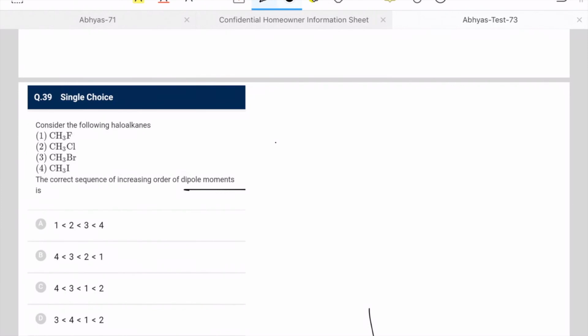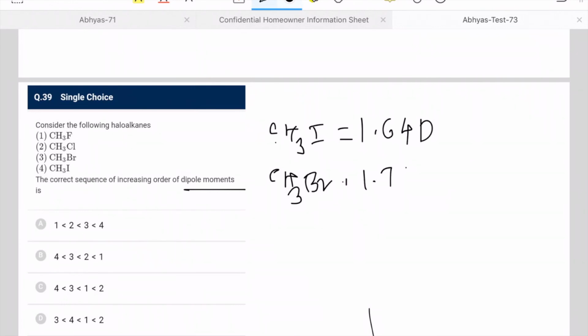So the values are like this. CH3I will be 1.64 D, CH3Br is 1.79, CH3F is 1.84, and CH3Cl will be the highest, 1.94.